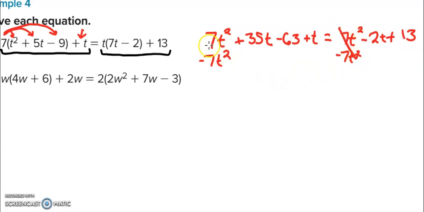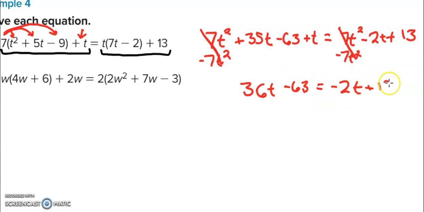So those cancel, and lo and behold, those cancel as well. 35t plus t will combine like terms. 35, oops, not 35t, that's now 36t minus 63 equals negative 2t plus 13. So let's add 2t to both sides so that these will cancel.